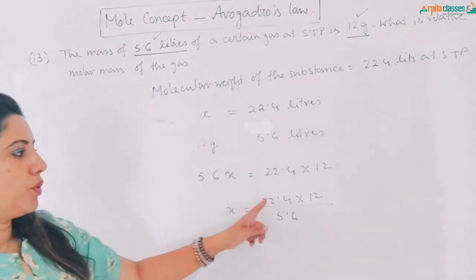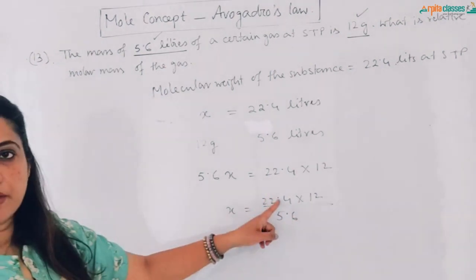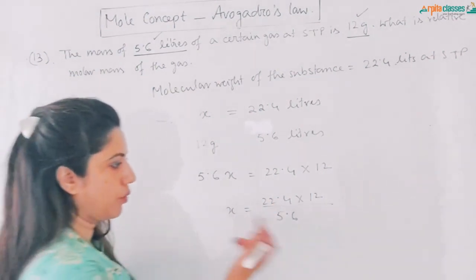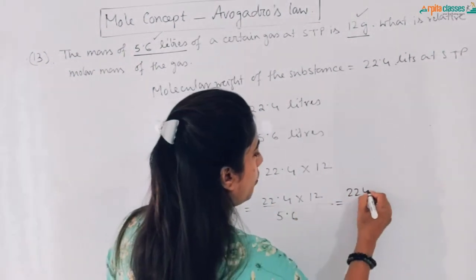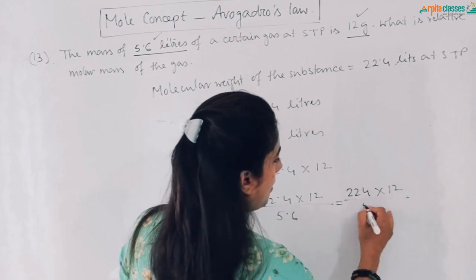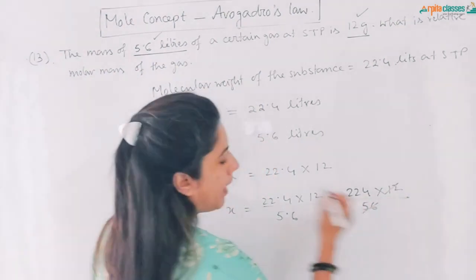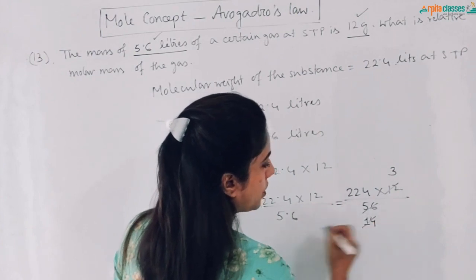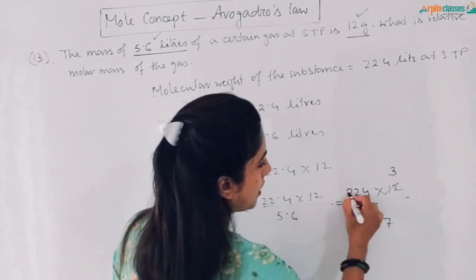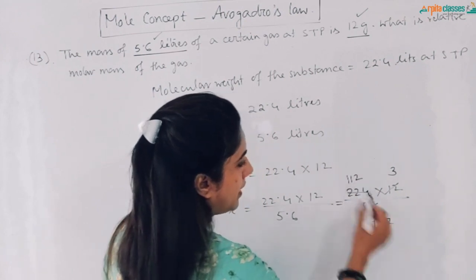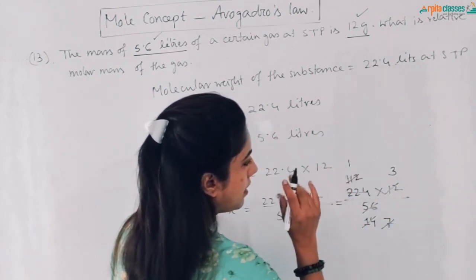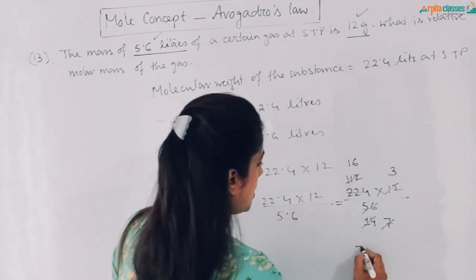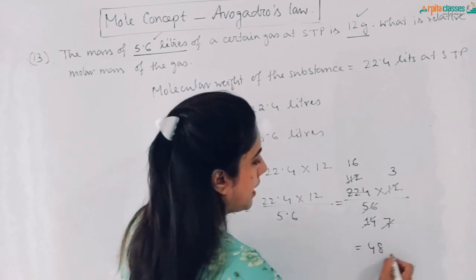Now there is a point, one digit ahead here, and here also one digit ahead, so we can cancel it out. 224 into 12 divided by 56. Doing the division, we get 48 gram.